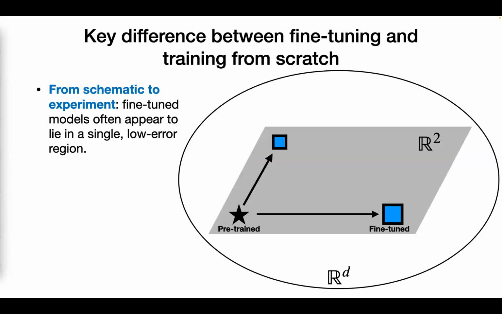And so the intuition here is, once you start out from a pre-trained model, most of the action when you do fine-tuning happens in a relatively low dimensional space. This is much more well-behaved than the loss landscape at initialization.